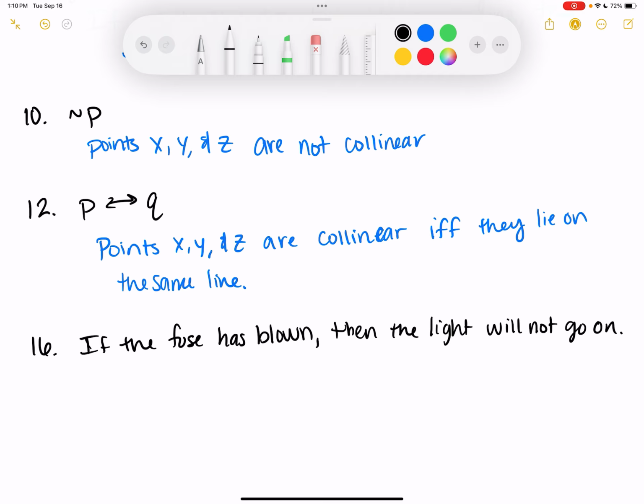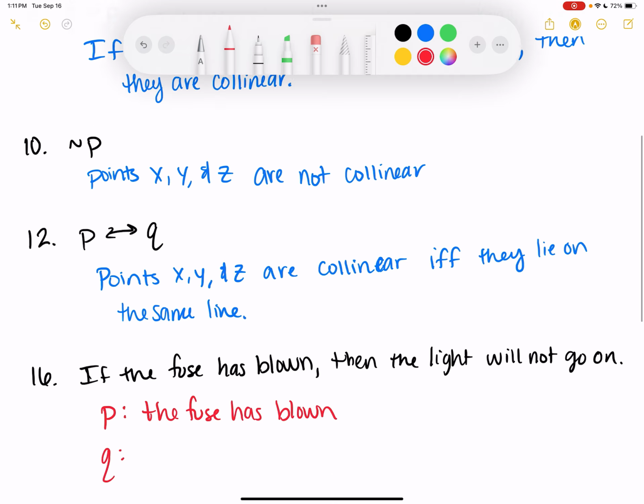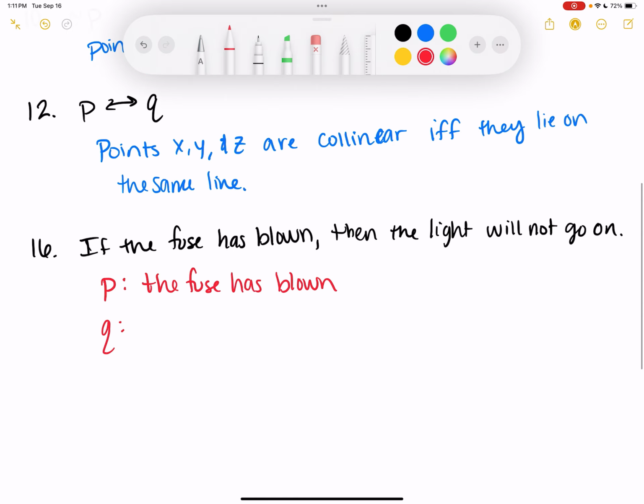Fuse is blown. Yep. The fuse is blown. What's Q? The light won't turn. Yep, the light won't go on. I don't know why they didn't say turn instead of go, but whatever.